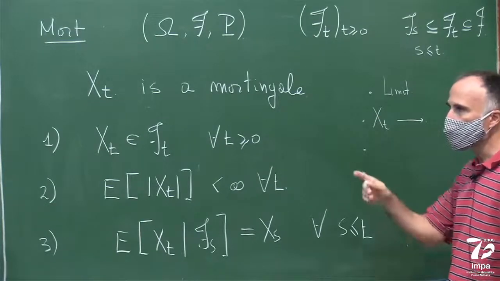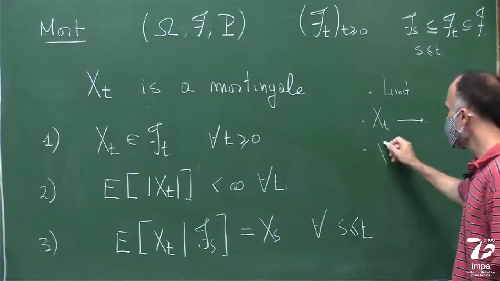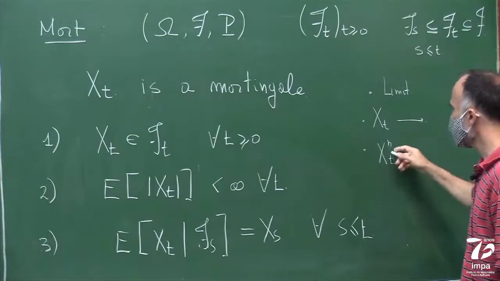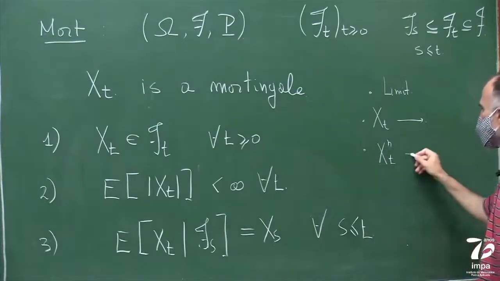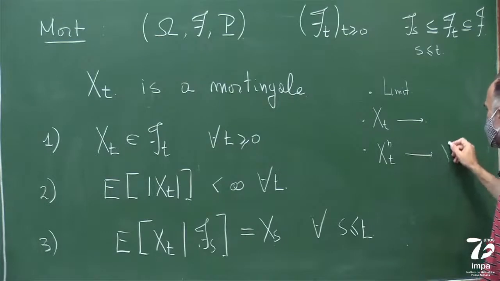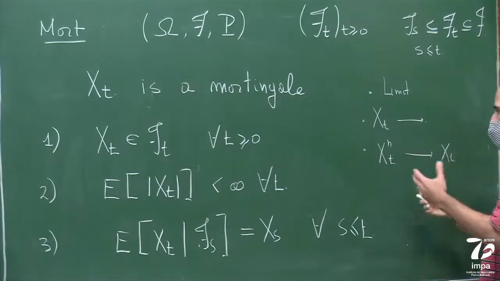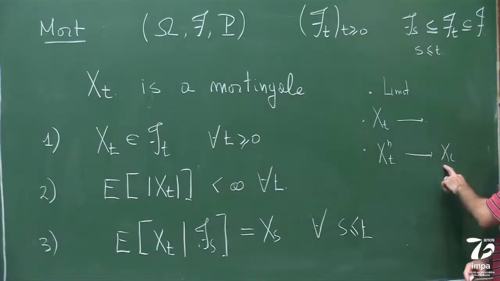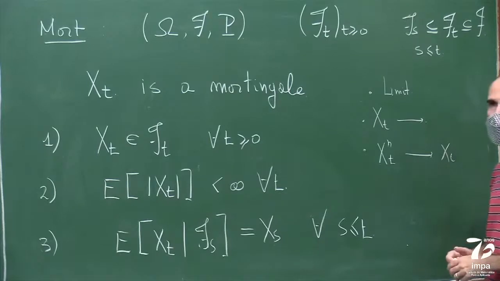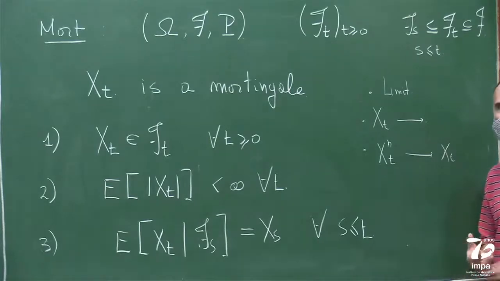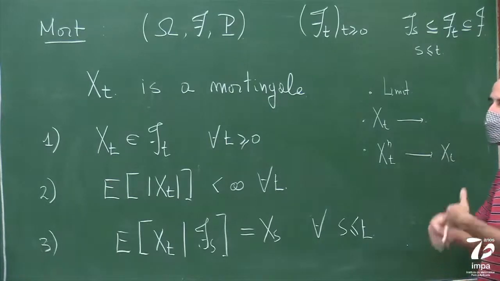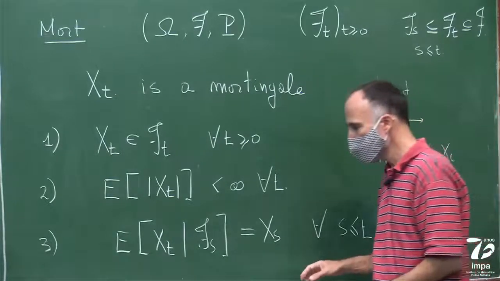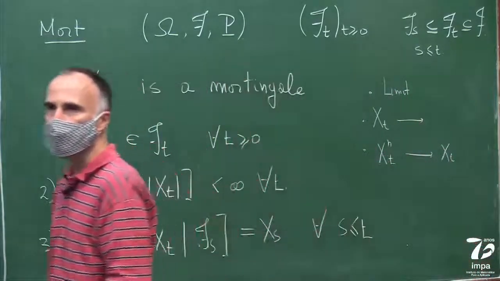But the reason that we will study here is that if you have a sequence of martingales, X_n(t), and you know that this converges to some process X_t, and you have integrability properties, then X_t is a martingale. Okay, and that's very nice, because this is not true for Markov chains. If you have a sequence of Markov chains, it's not clear that the limit will be a Markov chain.